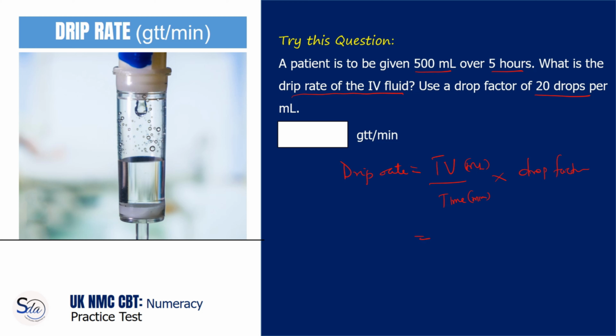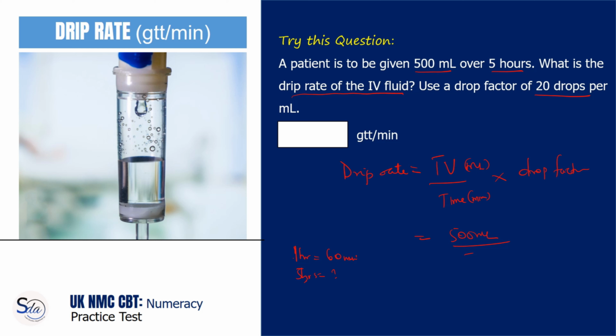So the total volume of the medication here is 500 ml, all divided by 5 hours. But remember, the time should be in minutes, so you're going to convert the 5 hours into minutes. We know every 1 hour is equal to 60 minutes. So if 1 hour is giving us 60 minutes, then 5 hours should give us more minutes.